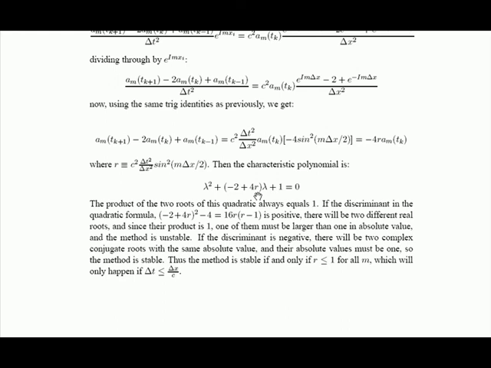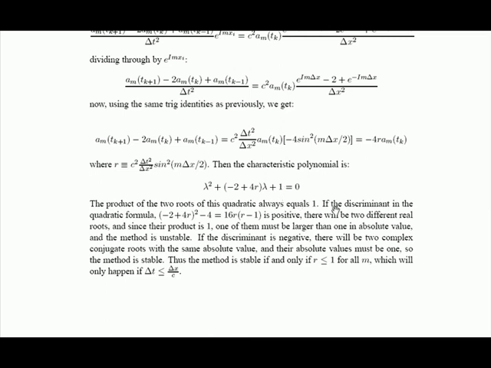But a simpler way of doing this is to notice that whether the roots are complex or not, their product is always 1. Why? Because this can be factored as lambda minus lambda 1 times lambda minus lambda 2. Multiply that out and you get lambda 1 times lambda 2 has to be the constant term 1. So the product of the two roots is always 1 regardless. So we take two cases.